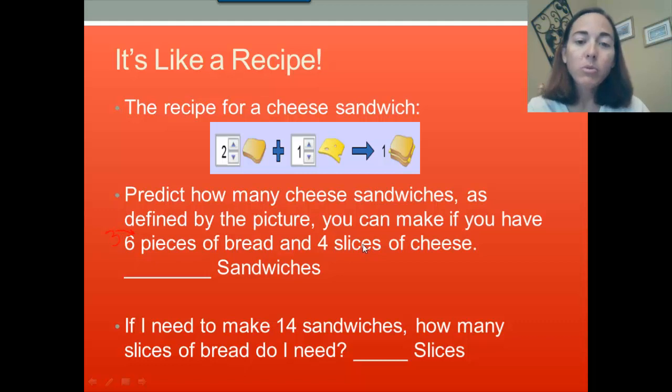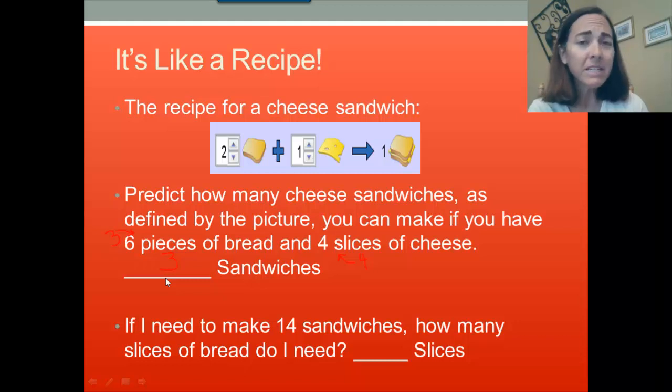And with 4 slices of cheese, I think I can make 4 sandwiches because each sandwich only takes 1 slice of cheese. Now those are 2 different answers. Can I make 3 sandwiches or can I make 4? You may have figured out that you can really only make 3 sandwiches because you're going to run out of bread, and when you run out of bread you can't make any more sandwiches no matter how many slices of cheese you have extra.